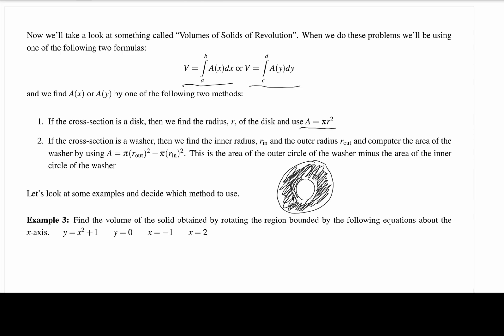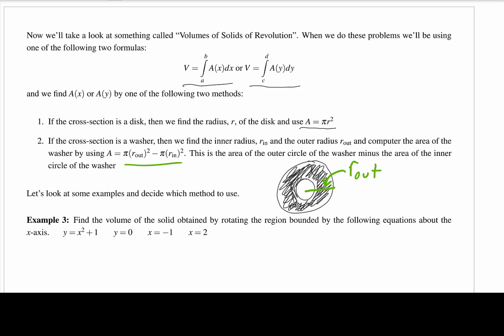Okay, and if we wanted to find the area of something like this, what we need to do is find the area of the big circle. So let's say that this big circle has radius, we'll call it big R, or to be consistent with what we're using over here, I'm going to call this R out.